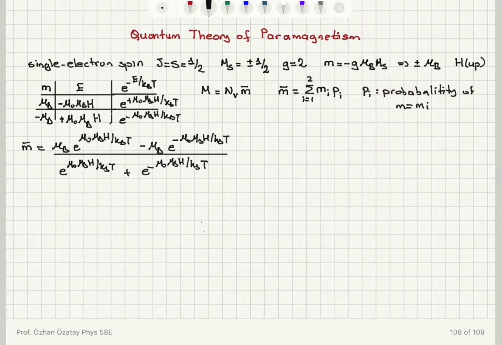So we can say that the probability for the ith value is proportional to e to the minus E over kBT. This is given by the canonical distribution for this system.